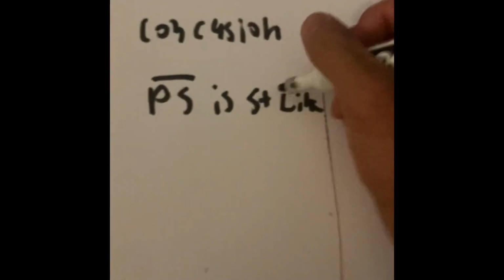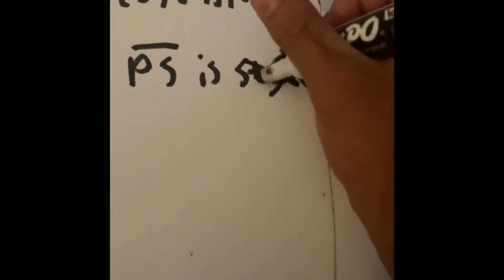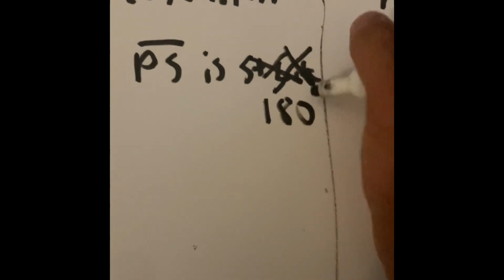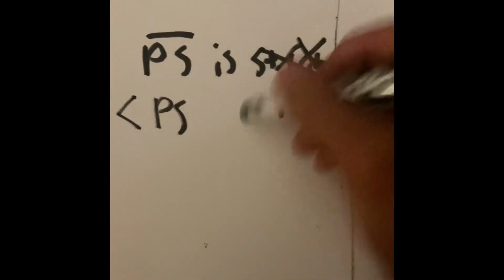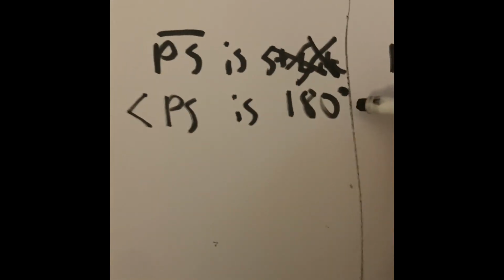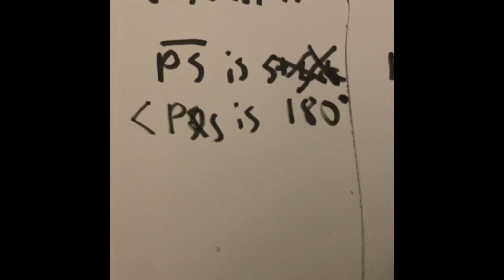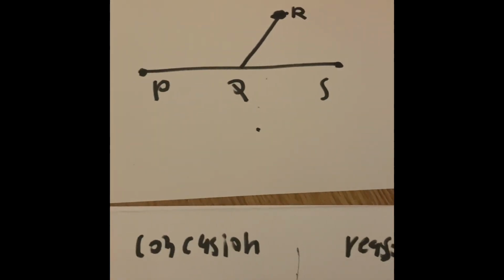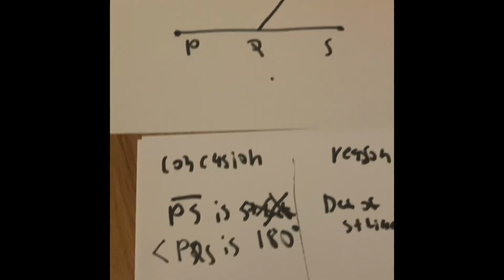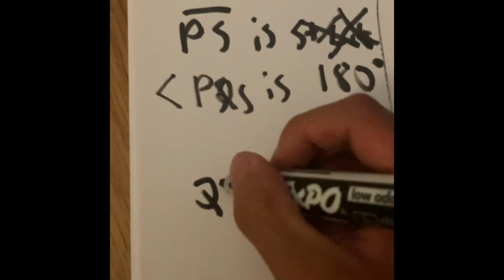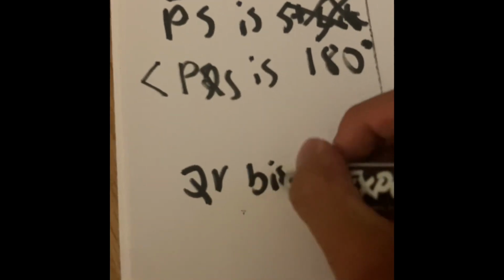Sometimes your math teacher will actually say, instead of saying straight line, say 180 degrees. Angle PQS is 180 degrees. Another thing we can say is that QR bisects PS. That is what was given to us, so we're going to write given.